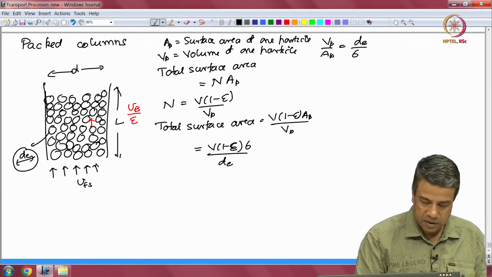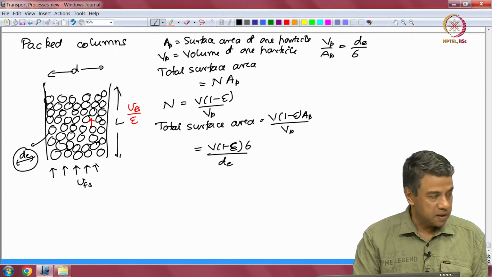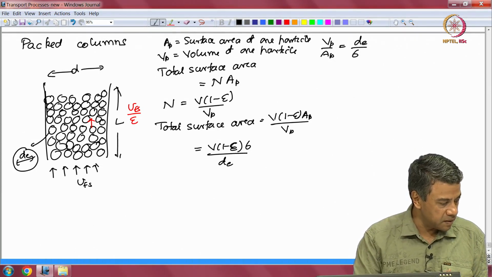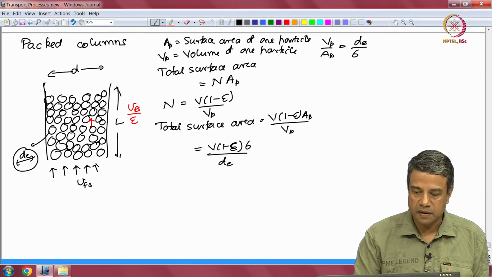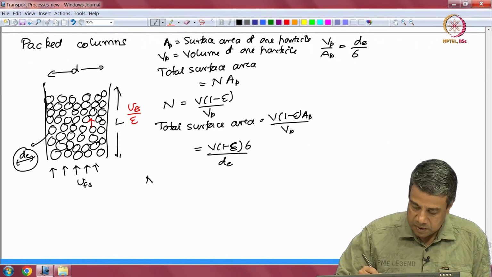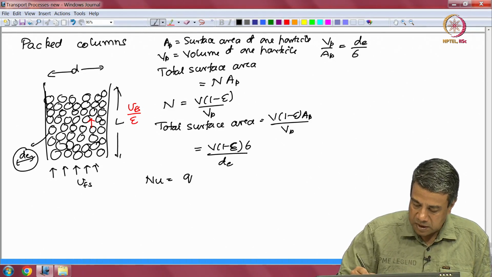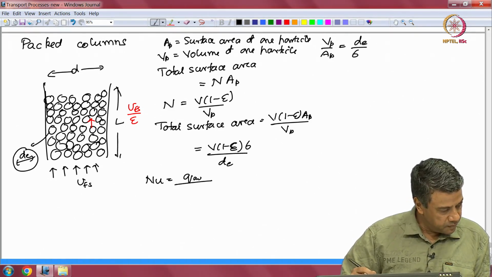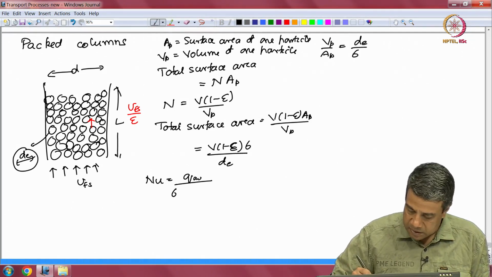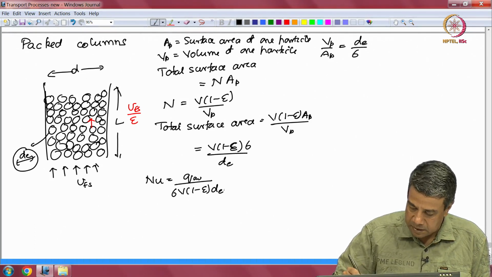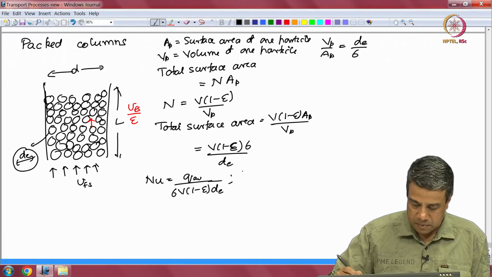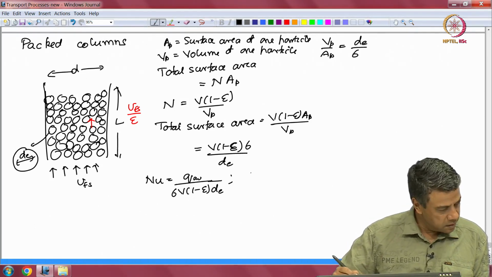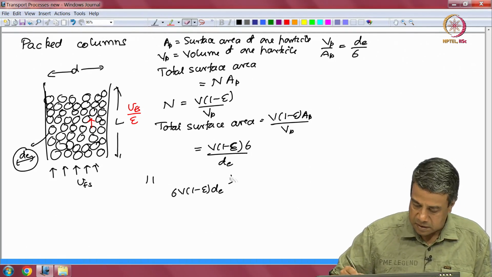Okay. And it is based upon this total surface area that the Nusselt number and the Sherwood number are defined. The Nusselt number is equal to Q average by 6 V into 1 minus epsilon by dE. I am sorry, this is the transport rates.